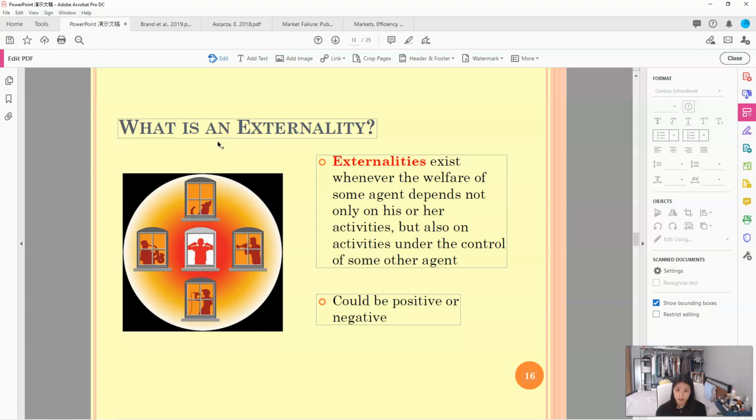However, my activity can have some influence on you because you will learn something from this video. That's a type of externality. Externalities can be positive or negative. I'm recording a video, so I hope that would be a positive externality for you.